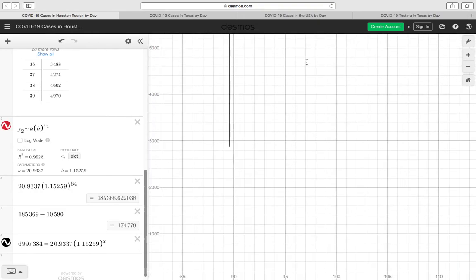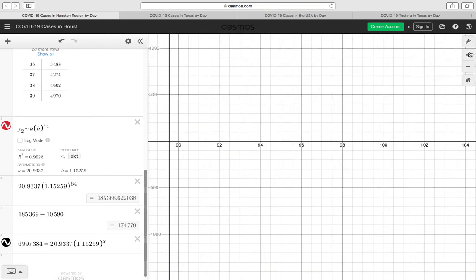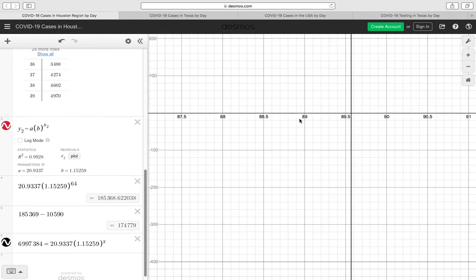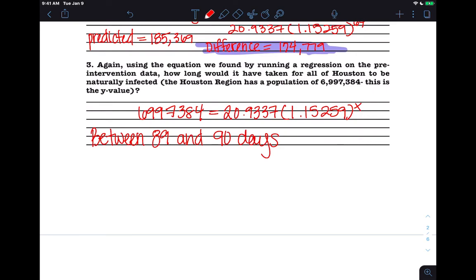I'm going to zoom in close to the X-axis, and it looks like it's somewhere in between 89 and 90 days. So what does that mean? That means that if we had not taken any action, we would have had everybody in the Houston area infected with this within 89 or 90 days.